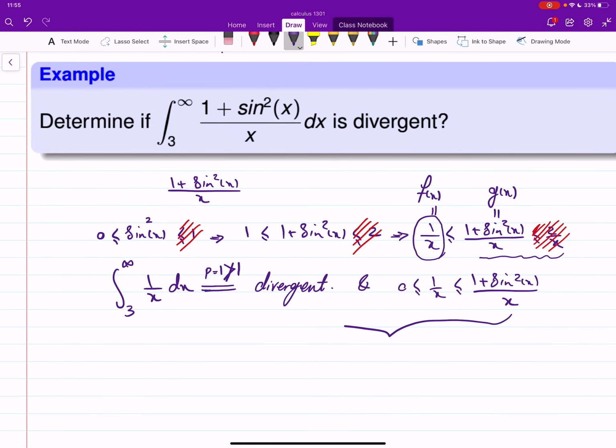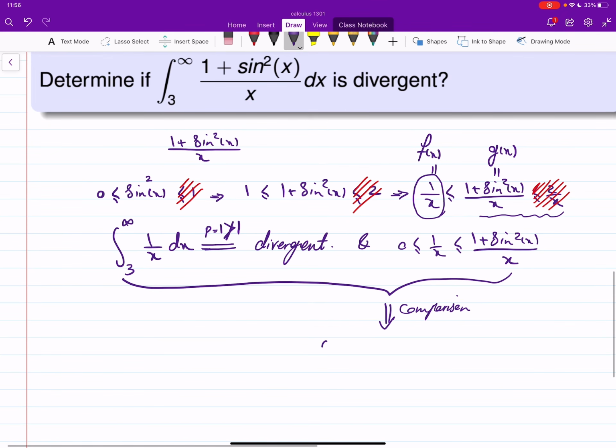So the comparison test tells me that the integral of the upper one, which is what we have there, is going to be divergent. And that is an interesting fact, because we didn't integrate 1 plus sine squared x over x, which is not an easy integral to evaluate, but we now can say definitely this integral is divergent.